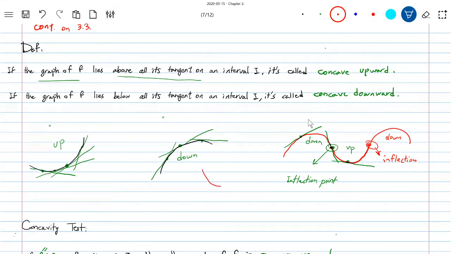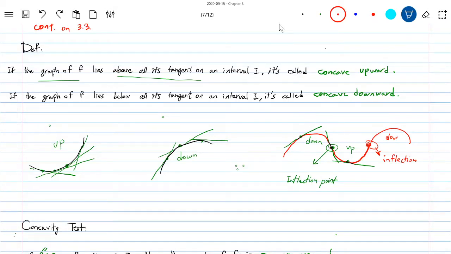If you have concave up connected to another concave up, something like this, the point is not considered an inflection point, because there is no change in the concavity. You have two concave upward graphs and you connected them. It doesn't really count as an inflection point. The inflection point happens only if you have a change of concavity.